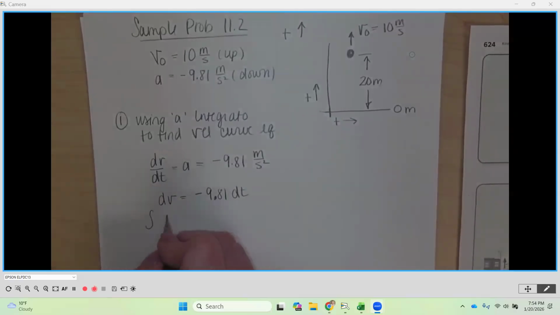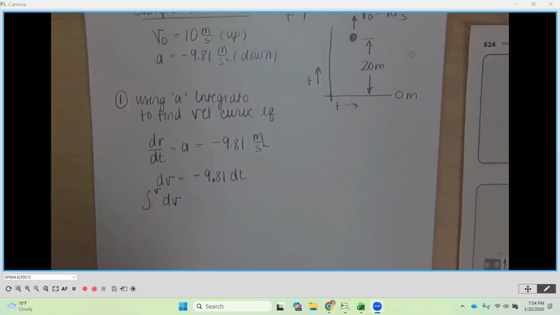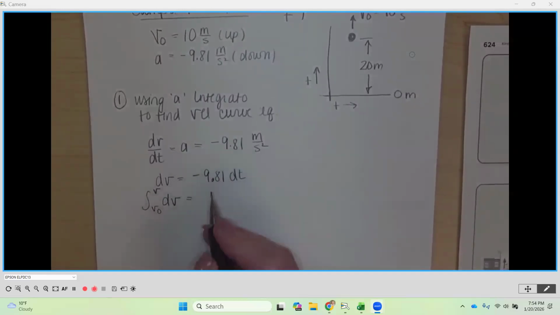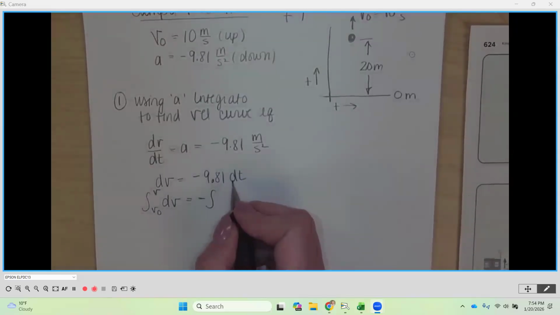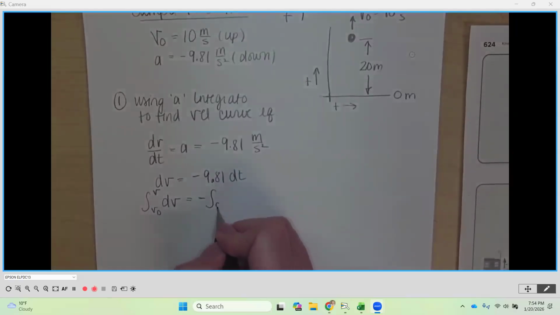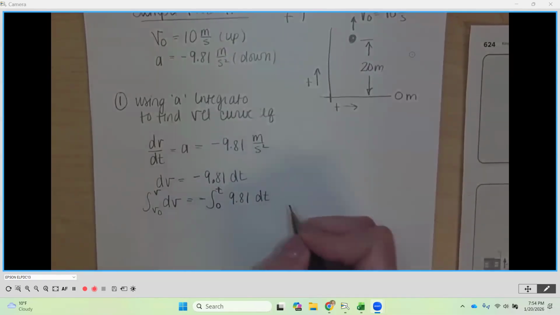So we're going to take the integral of dv, and our limits are going to be the velocity at any given time from our original velocity. So our original velocity is going to go down at the bottom, and then the v is going to go at the top. It's going to be equal to, we're going to pull that negative out front of the integral, and this is going to be the integral of the time. So we're going to go from a time 0 at the bottom to whatever time we're interested in, so to t. And that's going to be 9.81 times dt.